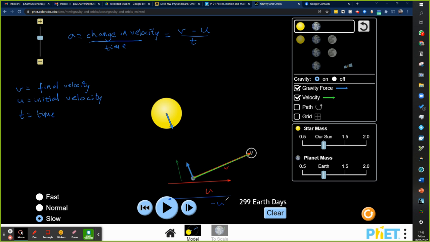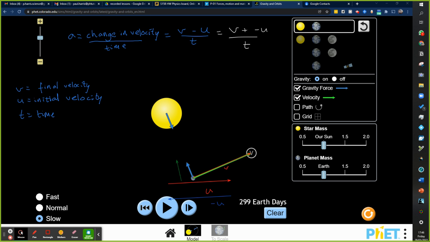So v minus u is the same. I'm going to use a white. And we're going to say v minus u over t is the same as v plus negative u over t.